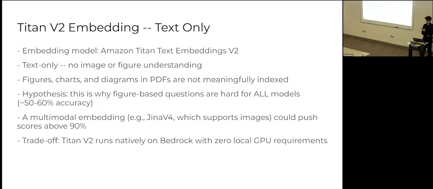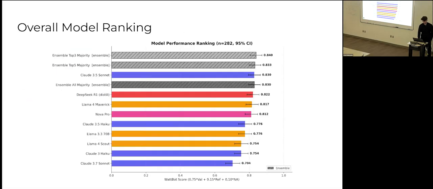You're going to see that figure-based questions are where every model struggles. Going forward, we suspect that a multimodal embedding for image and text, which is what Jina v4 is, could definitely improve our scores quite a lot in that department.